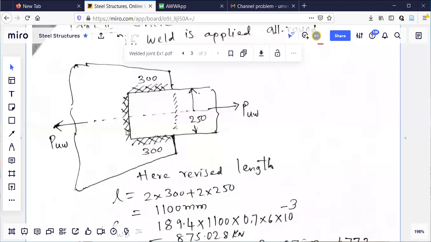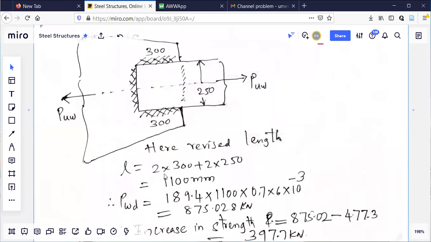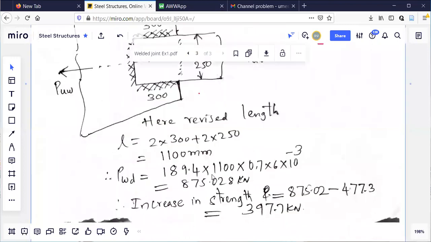This side 250. So additional length, what I got, 2 into 250. See this one here. Here the revised length is 2 into 300. I have actually solved it once again full. 2 into 300, 2 into 300 plus 2 into 250. Total length has increased by 1100 now.